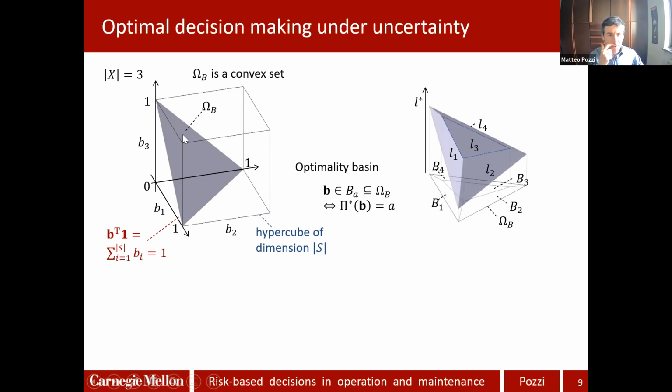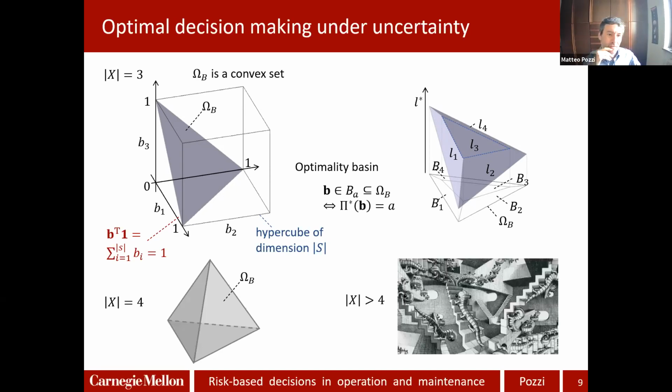And similarly, on this convex domain, you have, in this case, different planes related to the different actions, and their lower envelope would be your optimal loss. For dimension 4, you can still visualize how the belief domain is a tetrahedron, while you can't visualize much for dimension higher than 4. But of course, that doesn't mean that computationally you cannot handle much higher dimension than that.